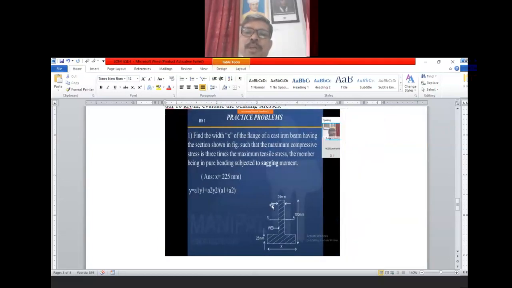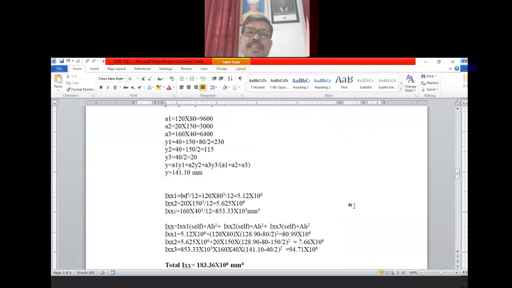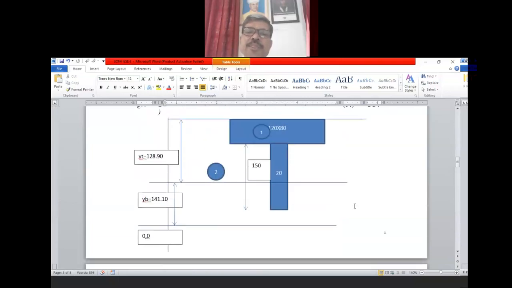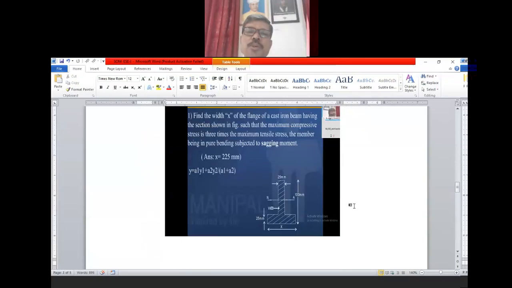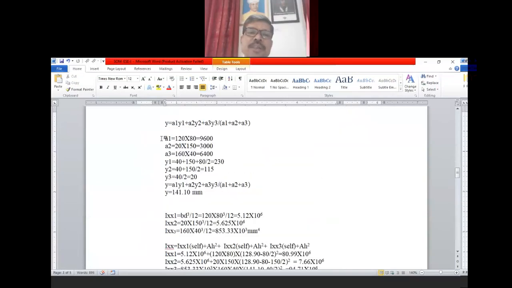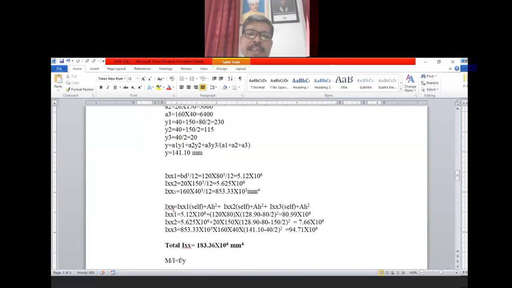So this problem is there and yesterday we solved it in this manner. The same steps you have to follow. Follow like this. Find A1, that we have already found. Now see here what all has been done.